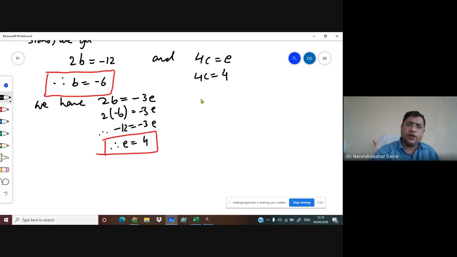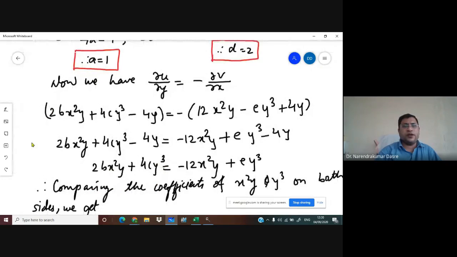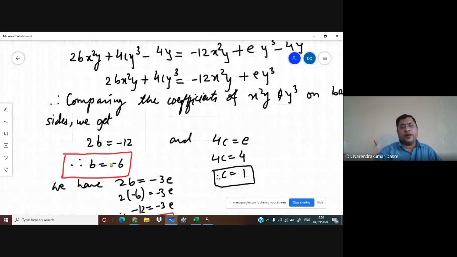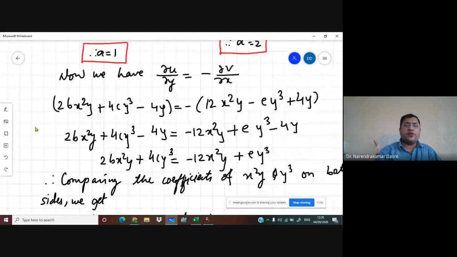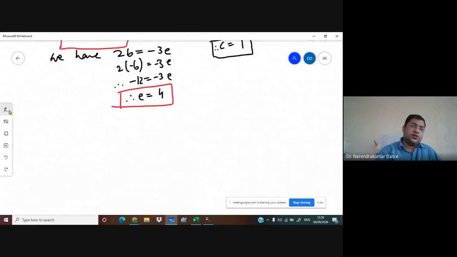We have calculated the value of e and hence we get here c is equal to 1. So we got the value of a, here we get the value of b and c, here we got the value of d, and now we got the value of e also. So we got all the required values.